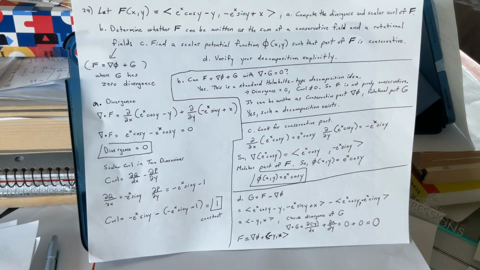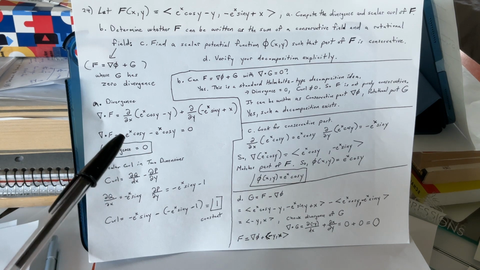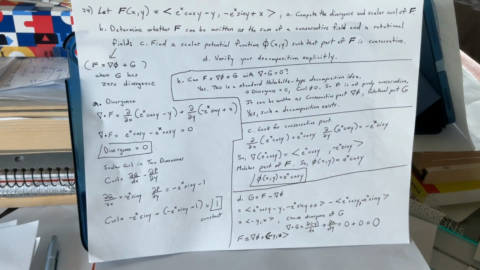The divergence is del dot F, and we're just taking those partials: d/dx of e to the x cosine y minus y, plus d/dy of negative e to the x sine y plus x. This clears out very nicely. Terms cancel, you wind up with 0, so the divergence is just 0.